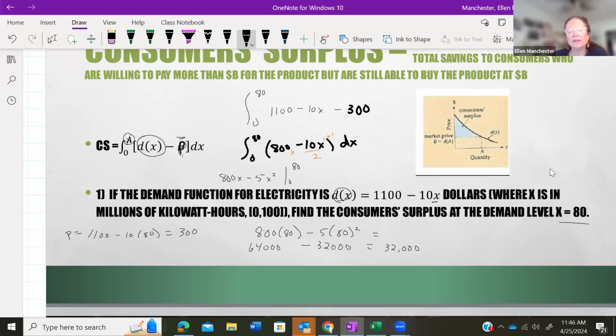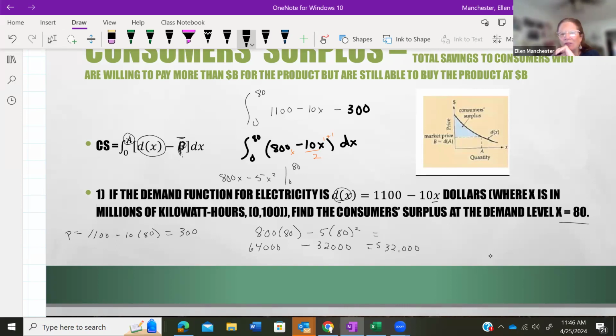So what that means is that the consumer surplus, they're willing to pay, whatever it was, $300, right? No, sorry. They're willing to pay more, but they only have to pay 300.